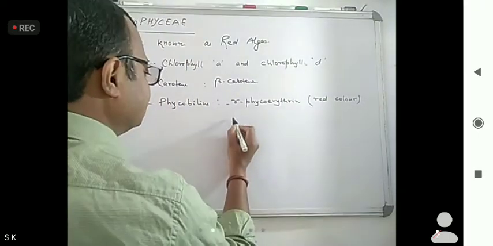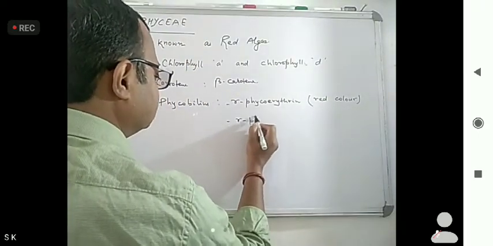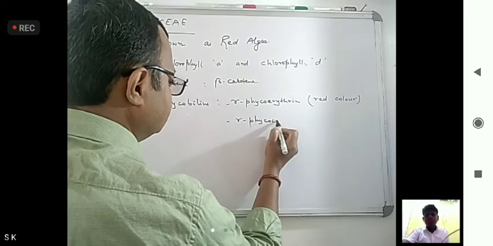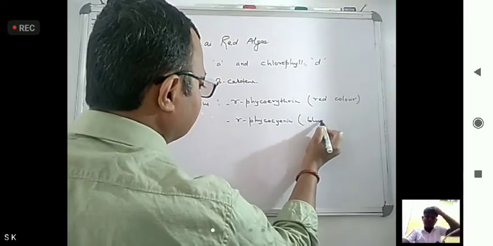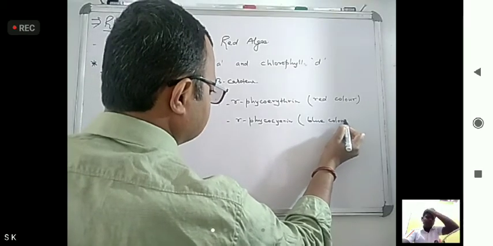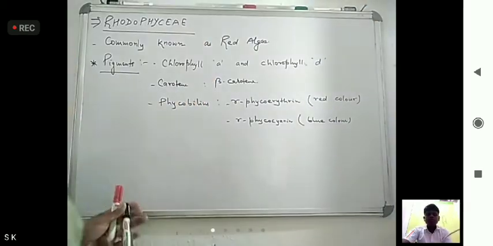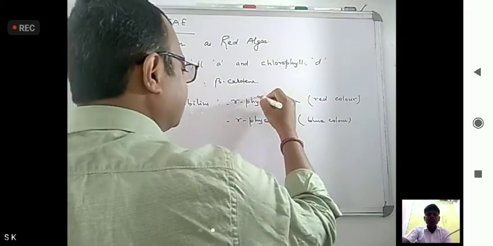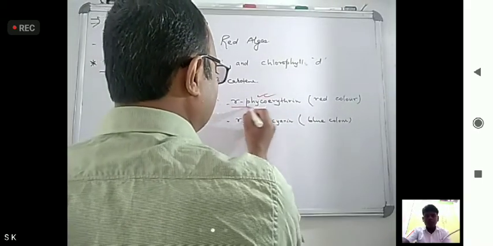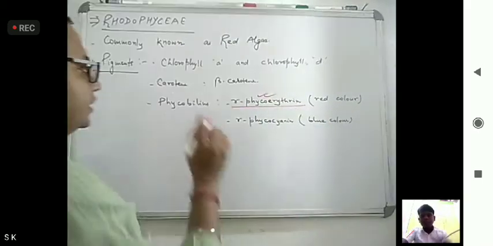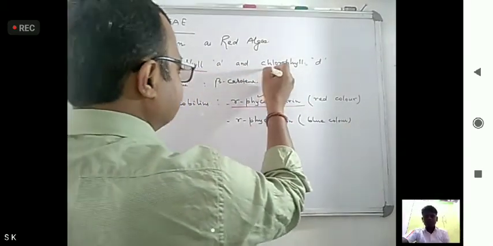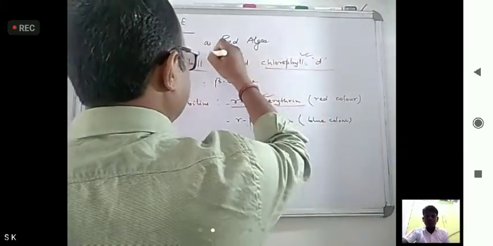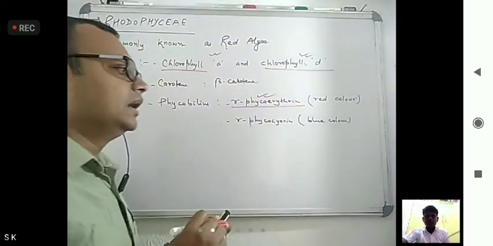Also another one is phycocyanin, which provides the blue color. Mostly it has a red color due to the presence of R-phycoerythrin. And among the chlorophylls present, chlorophyll a and chlorophyll d are present.